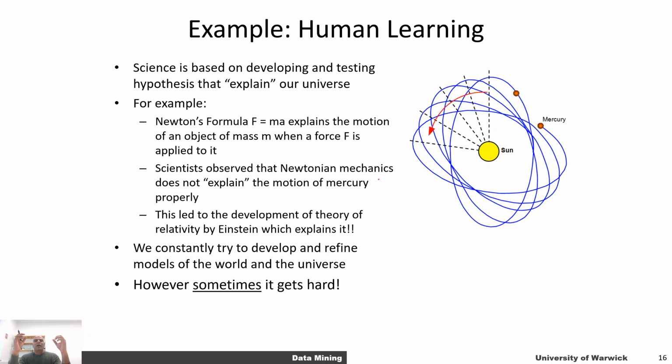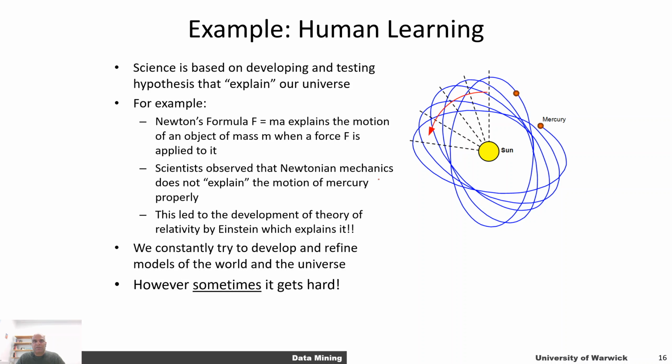Okay. And what people did is use these simple laws that Newton was able to develop to identify how planets revolve around the sun, and they were able to make very good predictions of where a planet would be using these laws. So if you know what the current position is and how much gravity is acting on a particular planet, you should be able to predict where it would be, say, in 6 months from now.